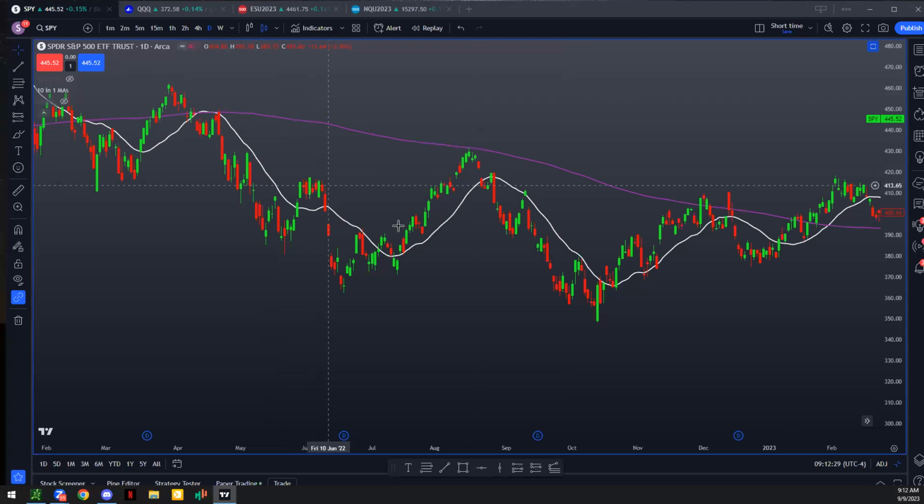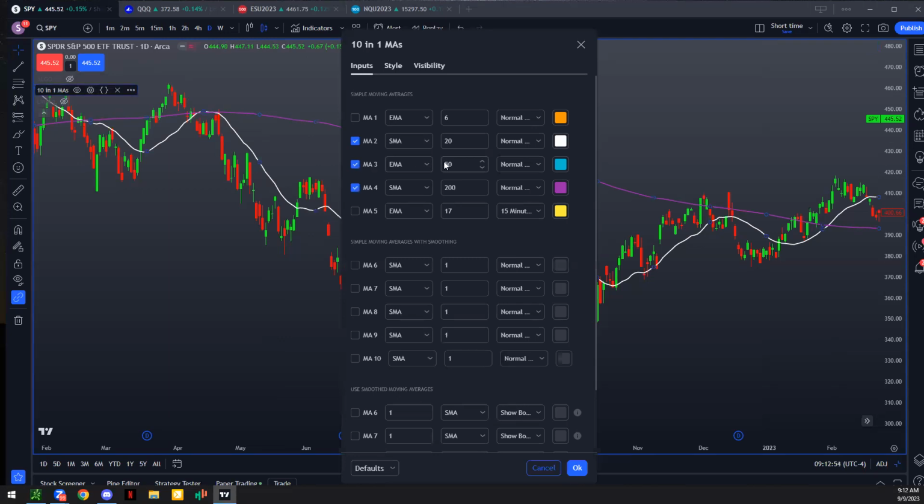But you can play it running back up to the 200 if the 20 is underneath it, as long as price action is above the 20 SMA. I still like to use my 17 EMA, and I find it works just as well. But I want to go over his strategy the way he does it. I can throw my 17 EMA on here as well to show you that it's not too far off.